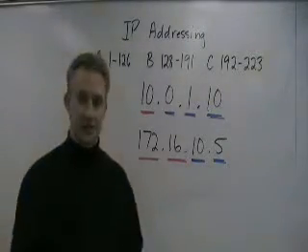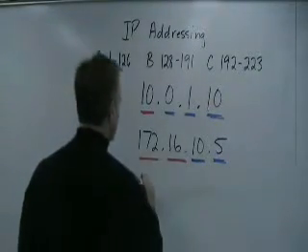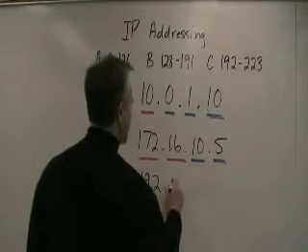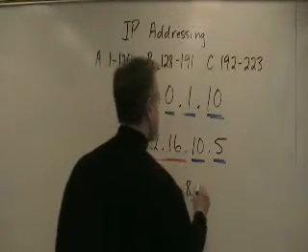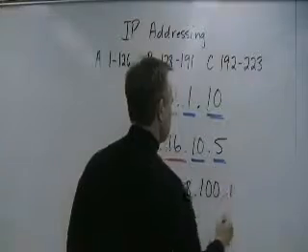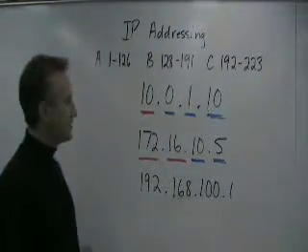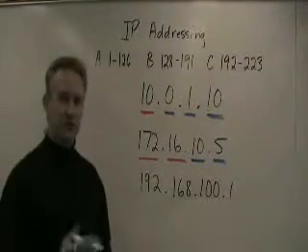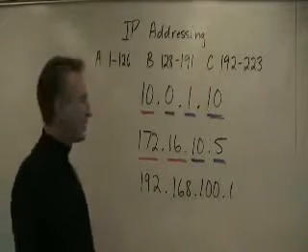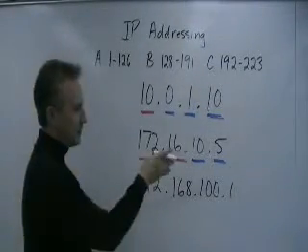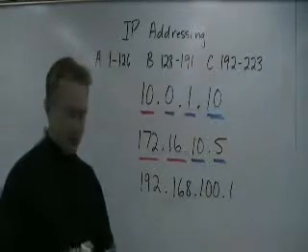Likewise, if we look at a Class C address, we should be seeing the pattern forming here. In the case of a Class C address, the first 3 octets identify a particular network, and the last octet identifies the host.